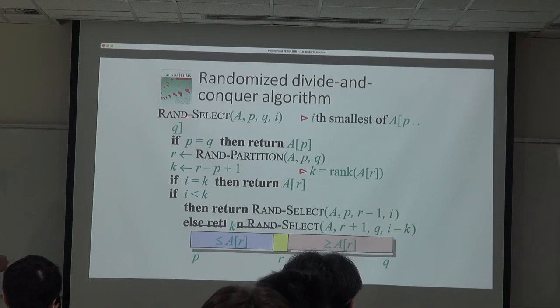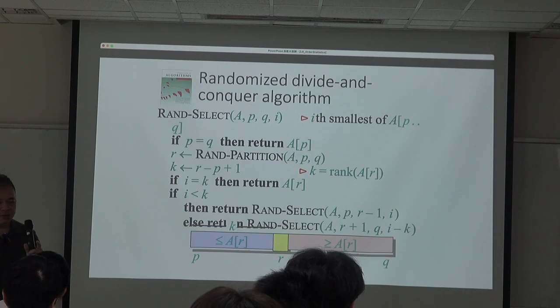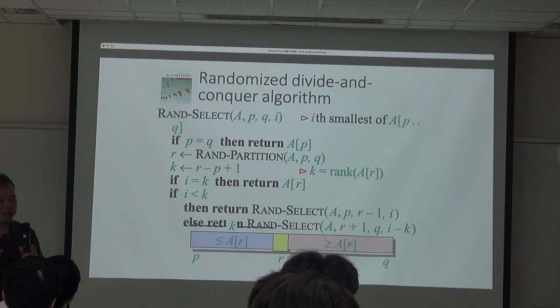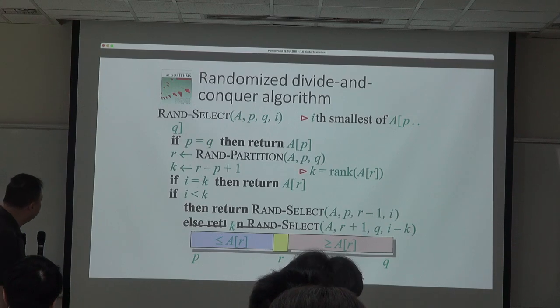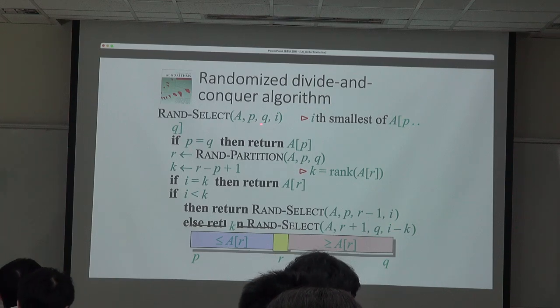Because rank select is going to be called recursively, we need to make sure it works for different parts of the array. So we specify P and Q as the lowest index and the highest index of the array that you are considering, and i is the ith rank.